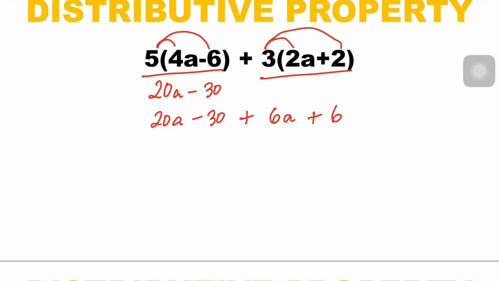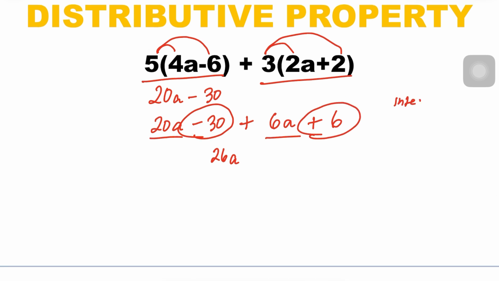Have we got any like terms here that we can combine? Yes. So you have 20a and then 6a. So 20a plus 6a, 26a. And then you have negative 30 plus 6. Integers, guys, integers. So negative 30 plus 6.